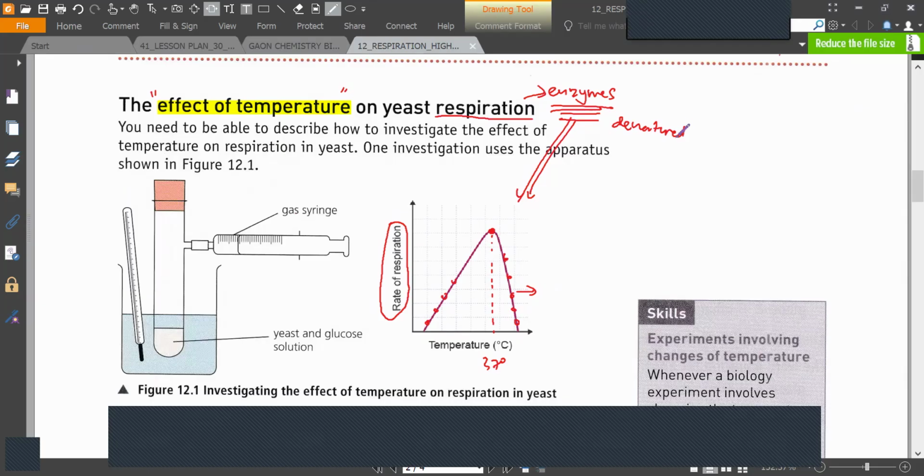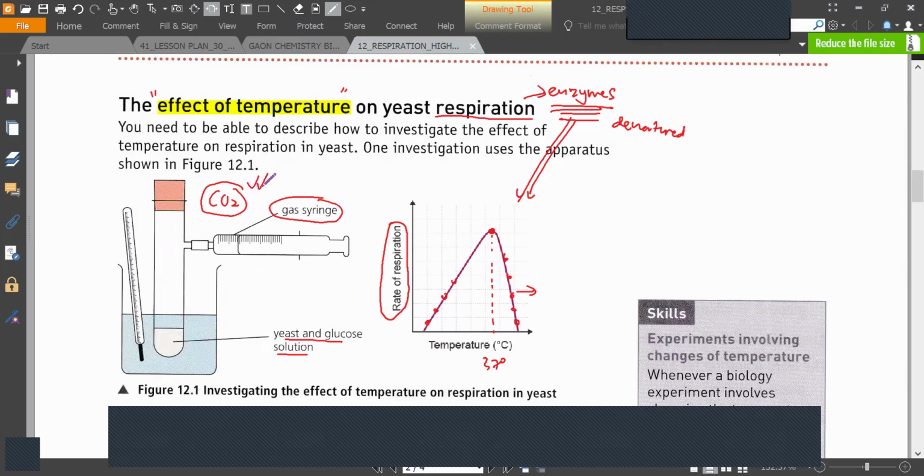So how do we study the respiration process? For example, we have a yeast and glucose solution. To study respiration, we collect the gas. As we will learn later, respiration produces carbon dioxide gas. By collecting the carbon dioxide, we can find out how fast the respiration is.